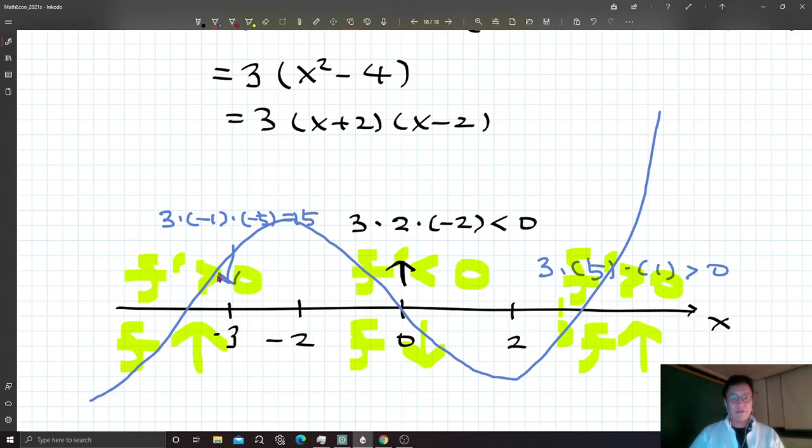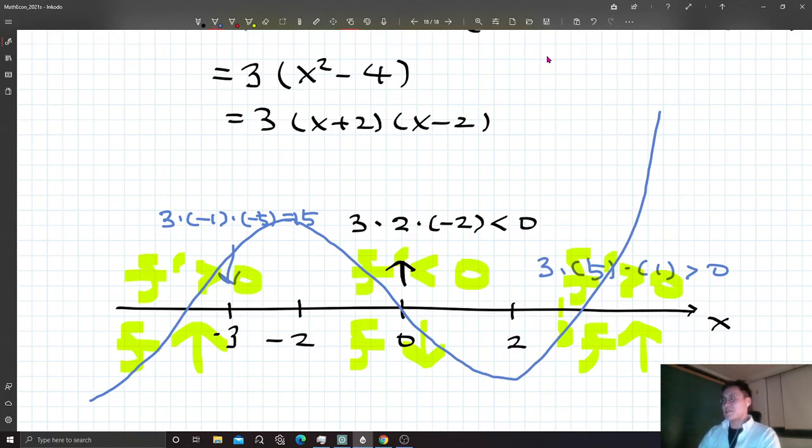So whenever the derivative is positive, it tells us the function is increasing. If the derivative is negative, it tells us the original function is decreasing. So the sign of the derivative tells us whether the original function is increasing or decreasing. The basic idea is that the derivative is the slope of the tangent line.